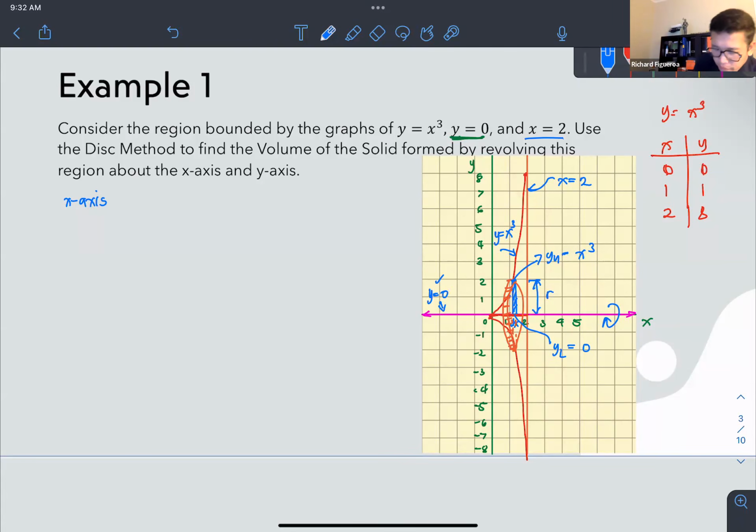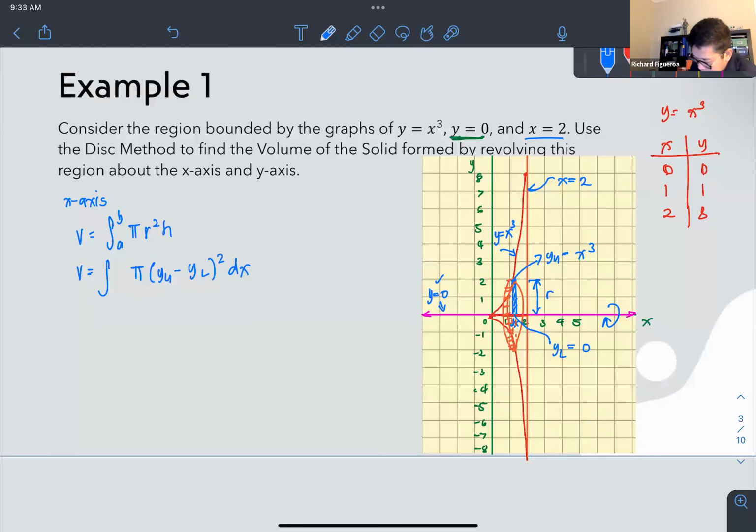So we use our formula. The volume is the integral from a to b of pi r squared times height. Kamukha nung kanina, so pi, ang r natin is y upper minus y lower, squared. And then ang height natin, that would be dx.